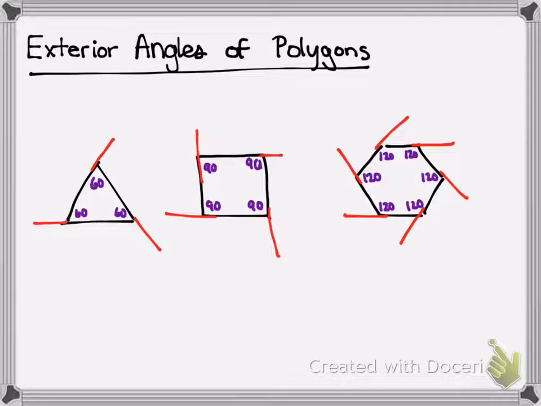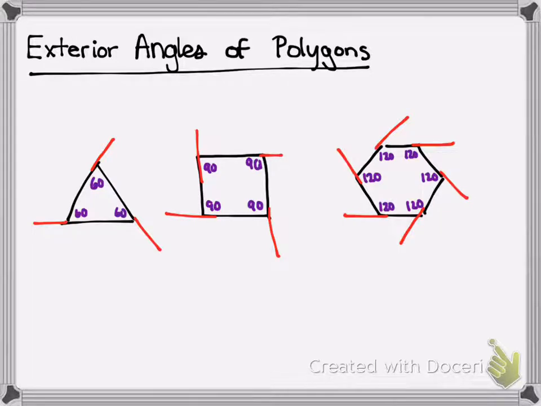Then, if you notice, the exterior angles form a straight angle with the interior angles that we know, which means that each of those exterior angles is supplementary to the interior angle. That's a really important pattern. Each exterior angle is supplementary to the interior angle. We'll come back to that in an example.